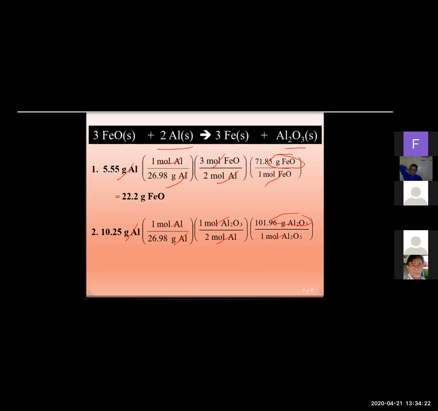Now you just simply put the numbers in, calculate it, keep track of your sig figs, and that means that if I start off with 10.25 grams of aluminum, okay, I should make 19.35 grams of aluminum oxide.